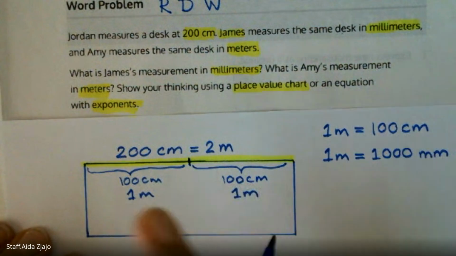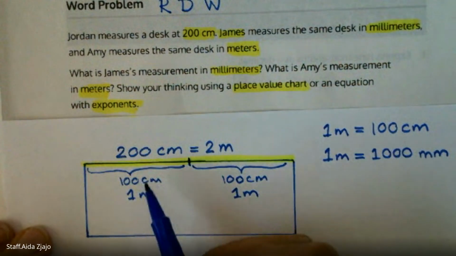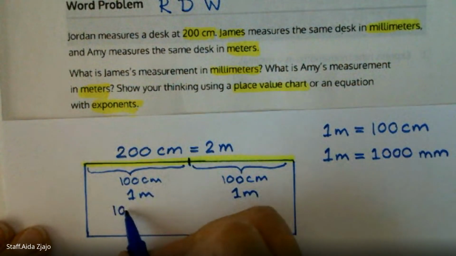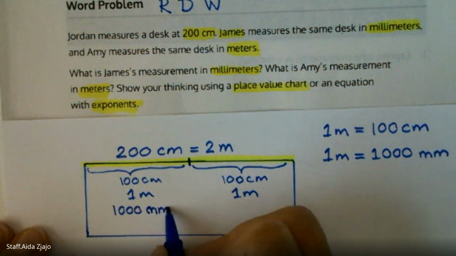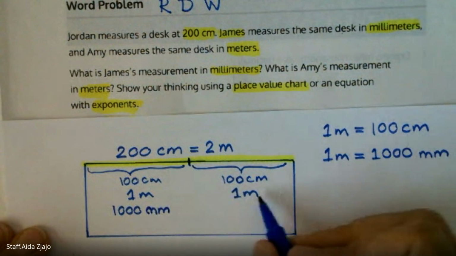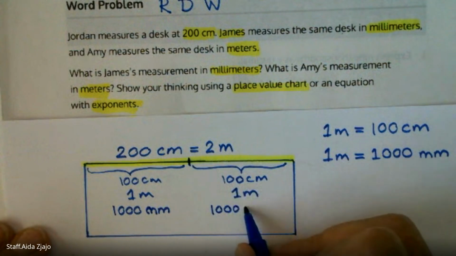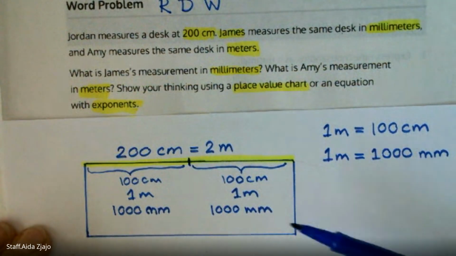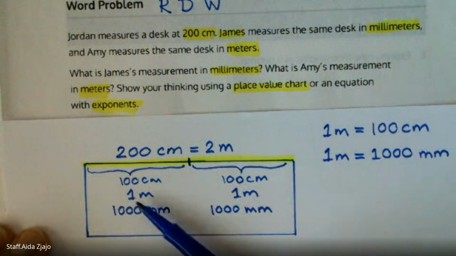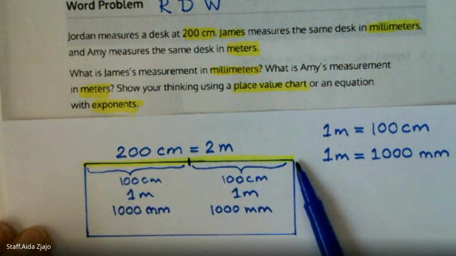So thinking about this, 100 centimeters is the same as 1 meter, and 1 meter is the same as 1,000 millimeters. And then this meter is also 1,000 millimeters. So you have the equivalency in measurements. This is the largest unit, meters, but then there are 2 meters there.